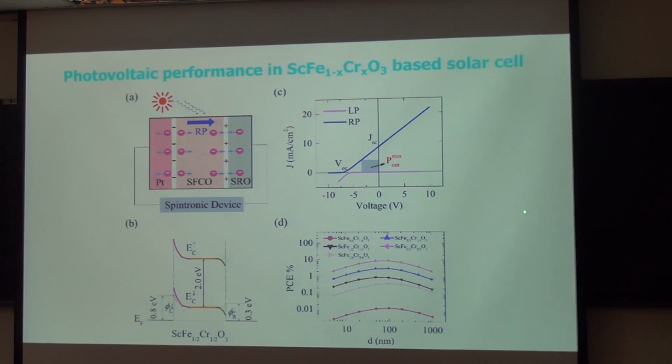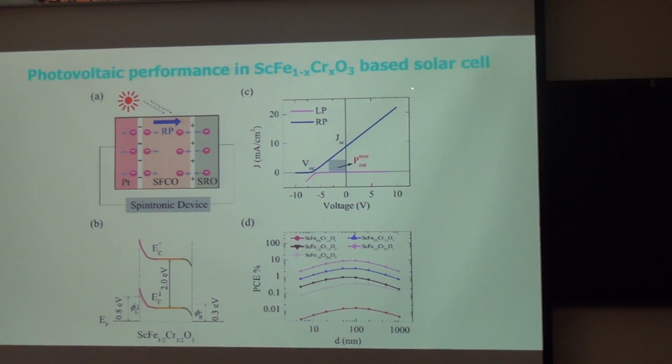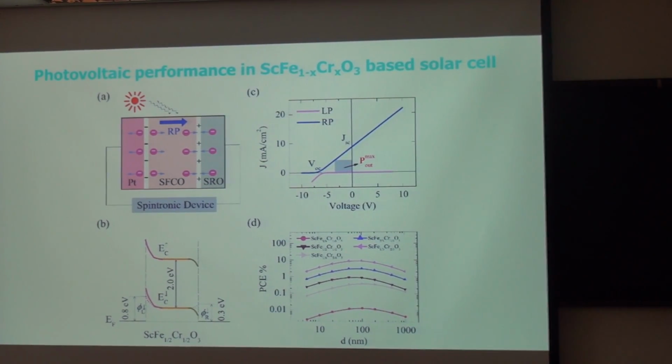So this example provides evidence that polar transition metal oxides could provide a very useful example to realize high efficiency solar cells, as well as novel functions. In this case, we have realized spin polarized photocurrent in this dipolar-based solar cell.